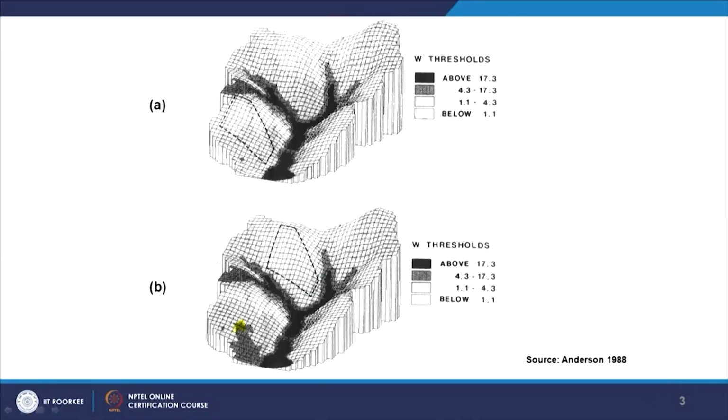As you can see very carefully, there are many areas, especially in the southwest part, where the conditions are going to be completely changed if proposal B is accepted, that is, deforestation is done in the northwest part of this watershed.